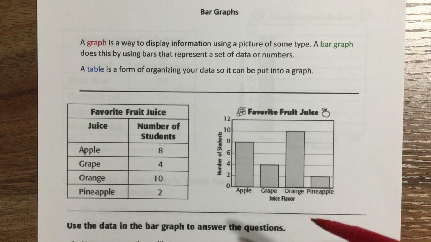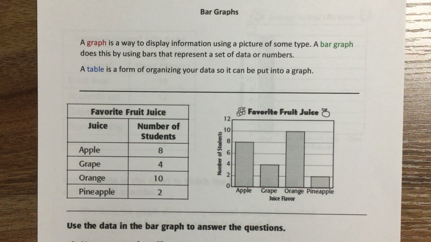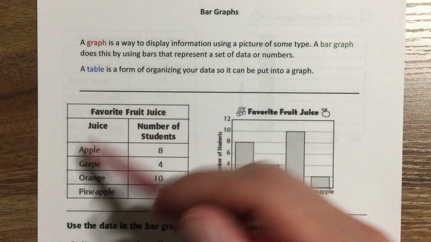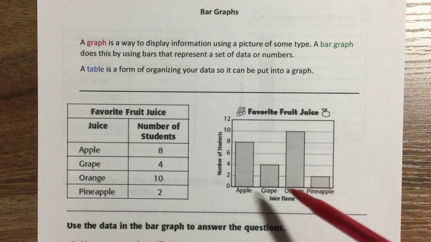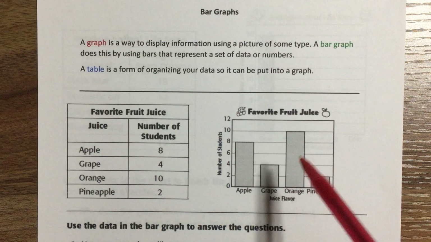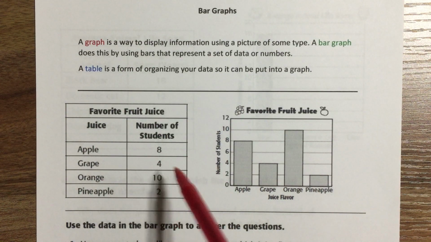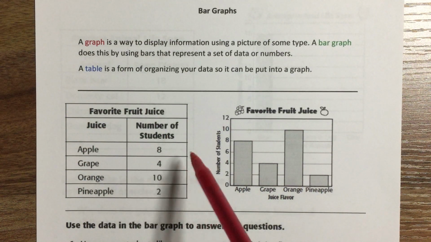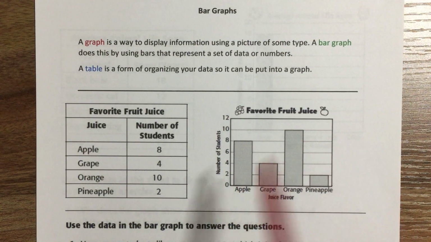Pictures help our brains understand information. They help it process information a lot better. So yeah, you could just leave it as this, but I really think, in my mind, I want to see this. I would much rather look at a picture on a graph than to look at a chart full of numbers. And even if you like organizing your thoughts like this, deep down inside, your brain does enjoy graphs. It likes looking at pictures because that helps you visualize, it helps you see that information a lot better.